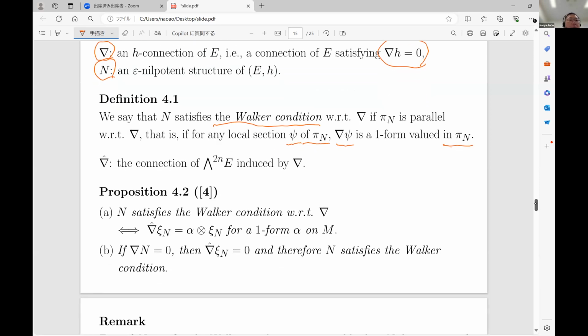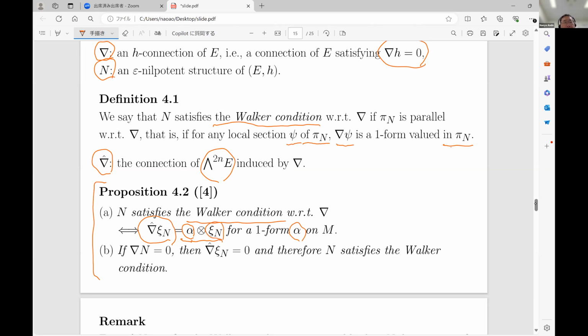Let nabla hat be the connection of the 2n-fold exterior power induced by nabla. Then we obtain this proposition. An epsilon nilpotent structure large N satisfies the Walker condition with respect to nabla if and only if nabla hat Xi_N is represented like this, the tensor product of a one-form alpha on M and Xi_N.